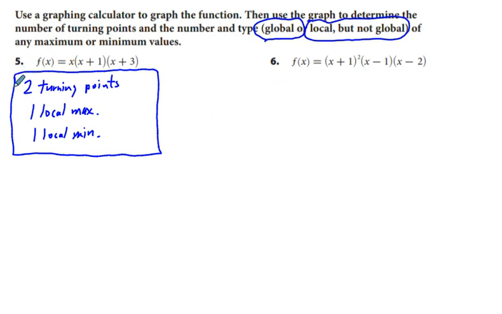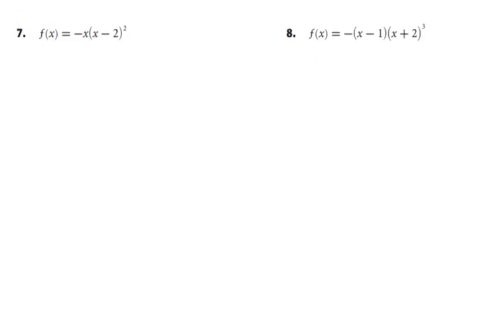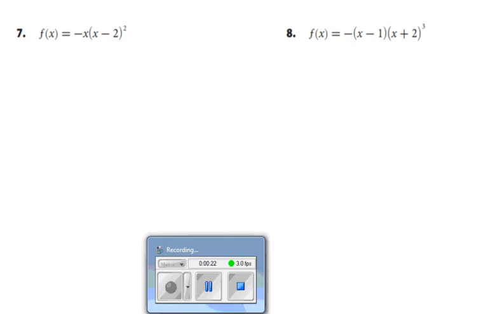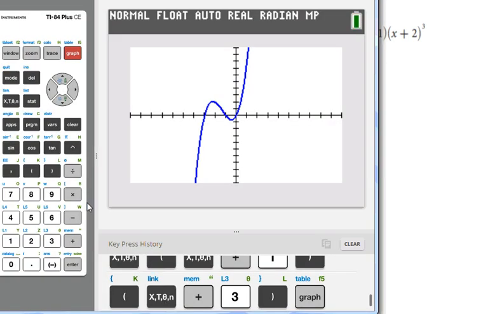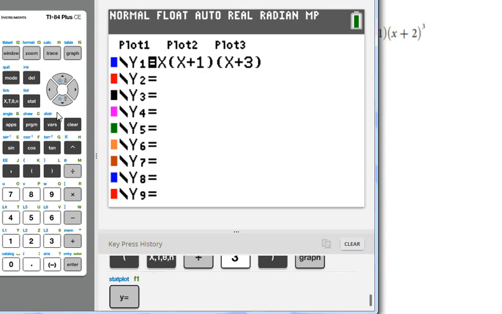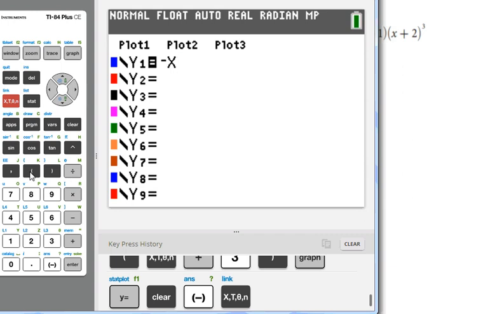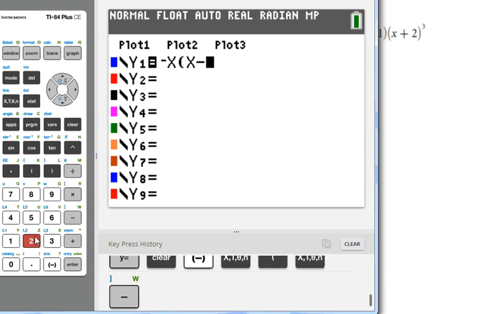Okay, let's go on to the next algebra problem, which is 7. We have here negative x times 20x minus 2 squared. Let's go ahead and put this in the calculator. Negative x times 20x minus 2 squared.